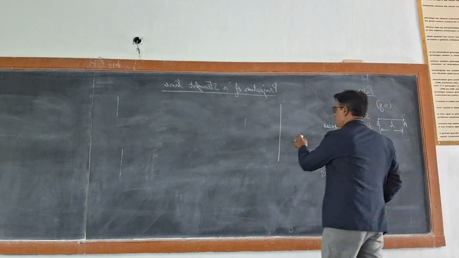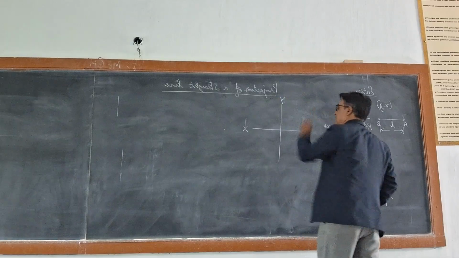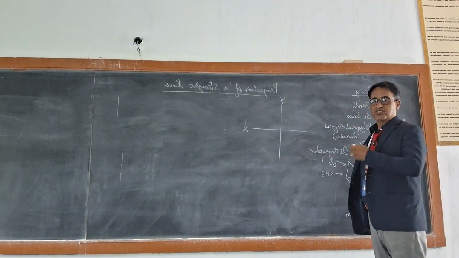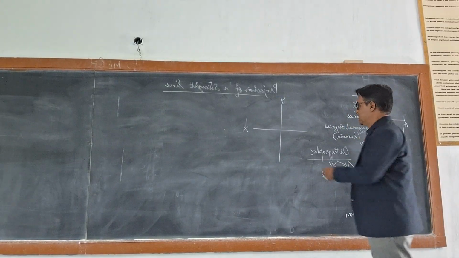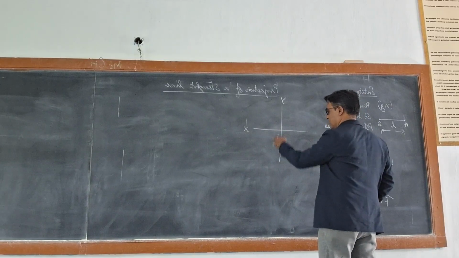So here, what I am going to do is first explain the positioning and the orientation of these objects. Say this is my x and y axis, which are at right angles.